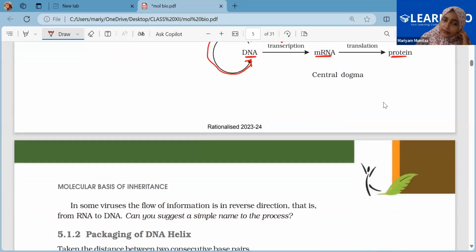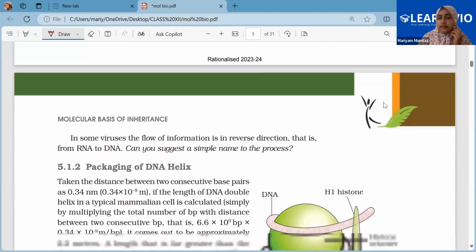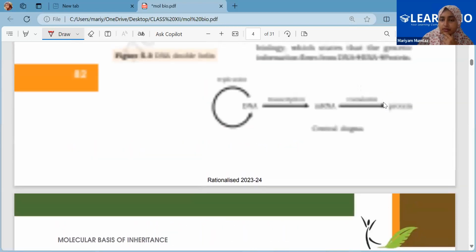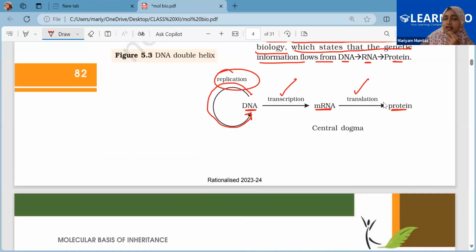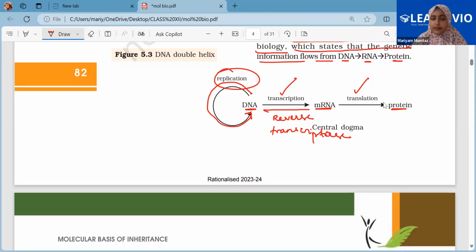Now, moving forward, in some viruses, the flow of information is reversed. From the RNA, DNA can be made by the enzyme known as reverse transcriptase. This is known as the reverse central dogma, and this is for the viruses.